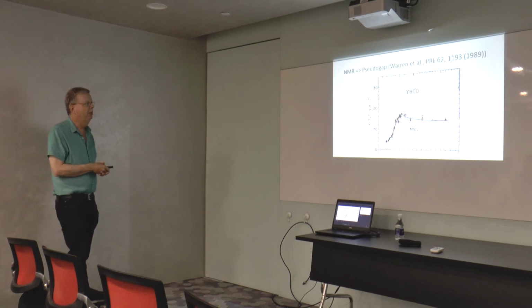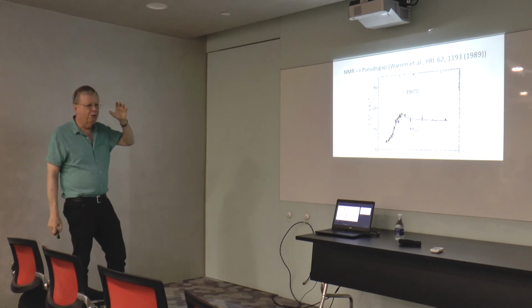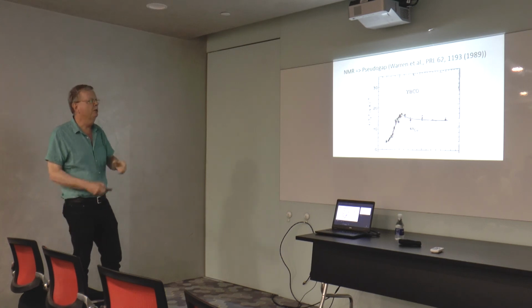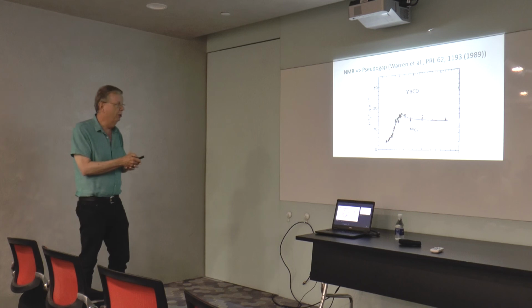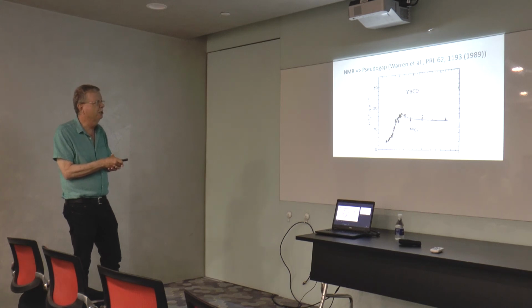Okay, I promise you NMR. Here's NMR. So we talked about the pseudogap. When we looked at the ARPES data, that's a pseudogap in the electron channel. Now we're talking about a pseudogap in the spin channel. So here what you're talking about is below this temperature, which is a little over 100, and remember TC for this composition I think was down here, because all you have to do is change the oxygen content.